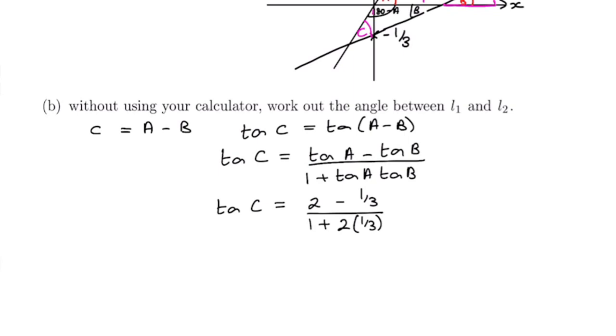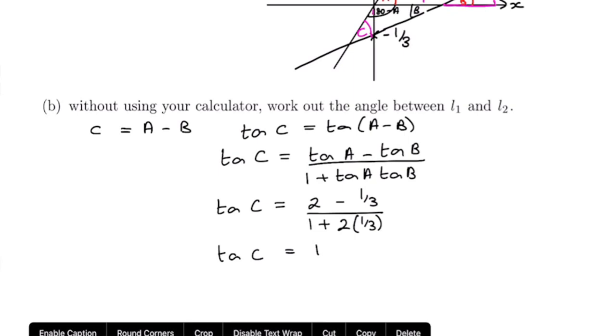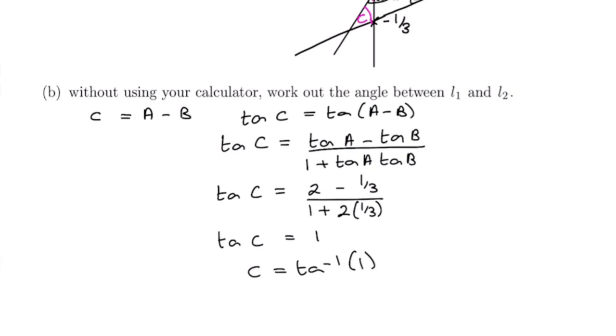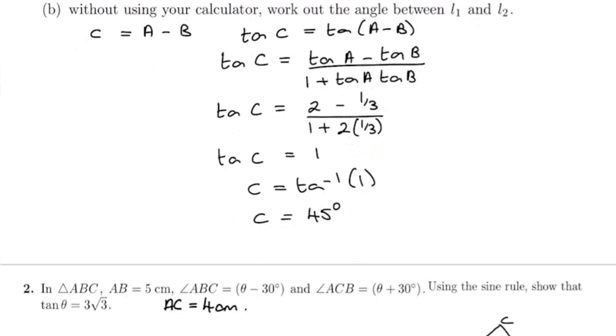When you sort that out, you get that tan C equals 1. Of course C is the inverse tan of 1, C is tan to the minus 1 of 1. And you should know, therefore, that C is 45 degrees. Quite a complicated question that, but again, really important that we got a good diagram.